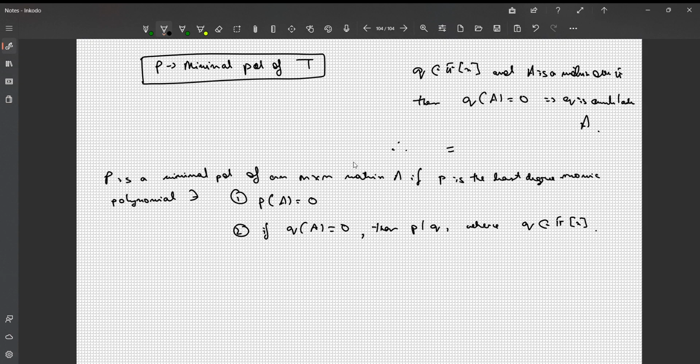Got it? Now, in the annihilating polynomials part 1 video, I discussed the fact that similar matrices have the same minimal polynomial.